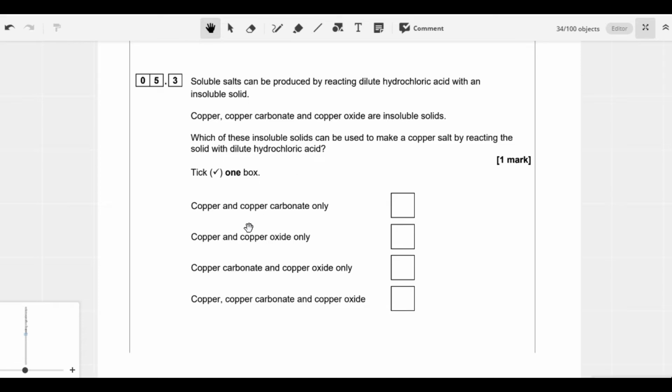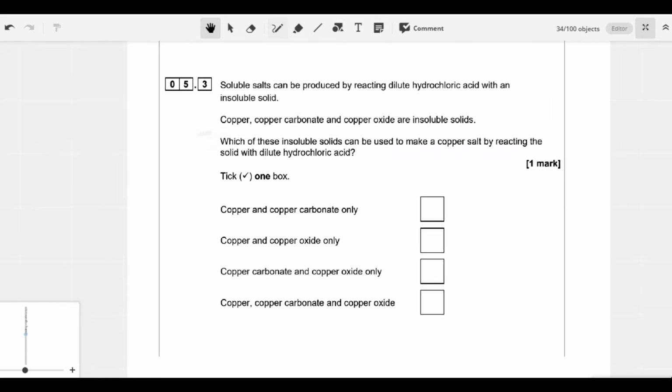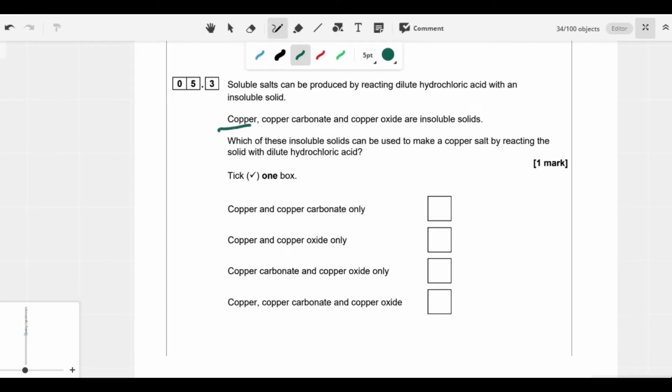Remember that if we react copper carbonate and copper oxide with HCl, it will produce a soluble copper salt. So here that will be copper carbonate and copper oxide. Option 3 is correct.